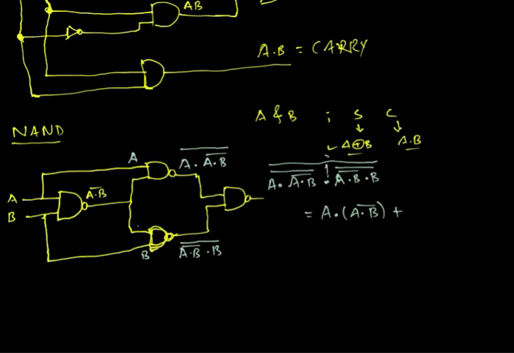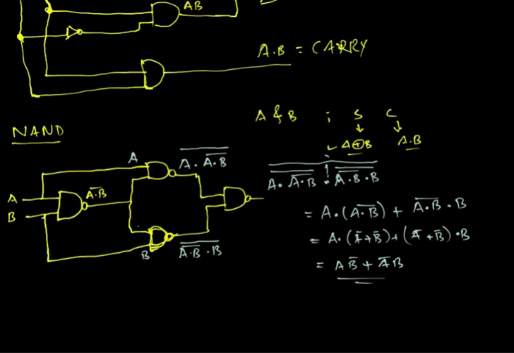Then the next term will be A and B complement and B. Now this will be equal to A and A complement or B complement, or A complement or B complement and B. So A and A complement will be 0, then A and B complement is A B complement, or A complement B, then B complement and B is 0.